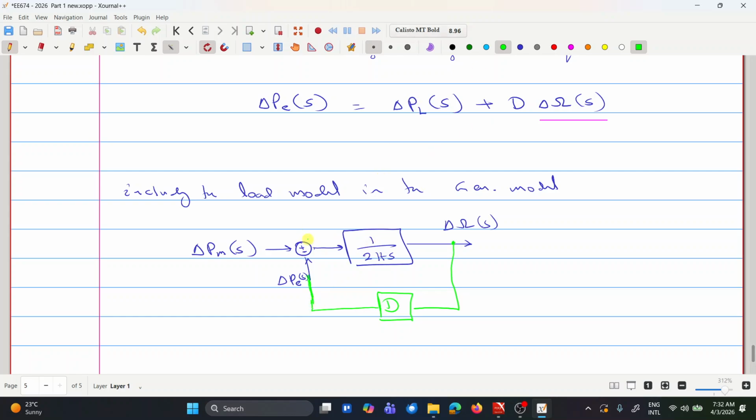You can also add it in here as well, delta PL.